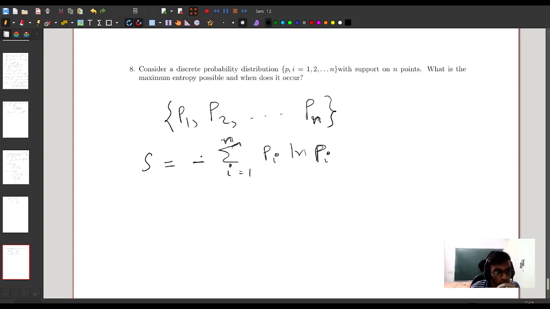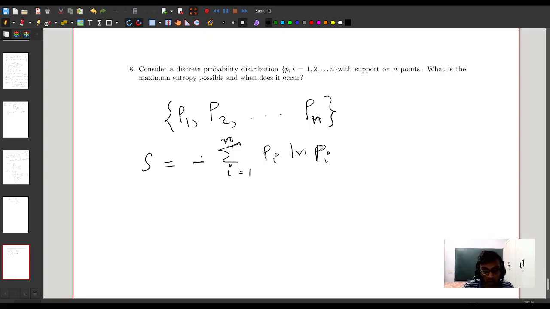Roughly, the entropy of a probability distribution tells you how random the given probability distribution is. If the probability distribution is highly skewed to favor one particular outcome, then we can say that the entropy is comparatively less, compared to the case when the probability distribution is not so skewed, so that all outcomes are similarly probable.